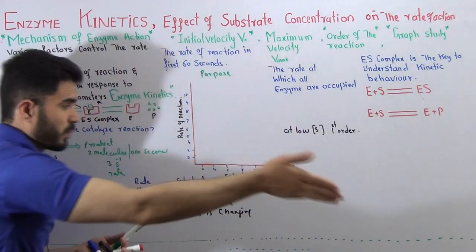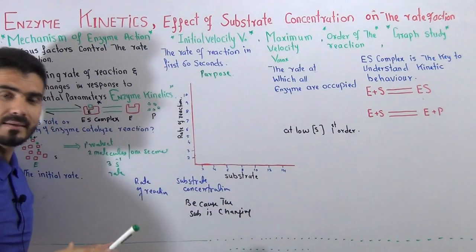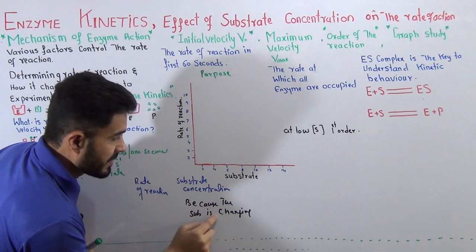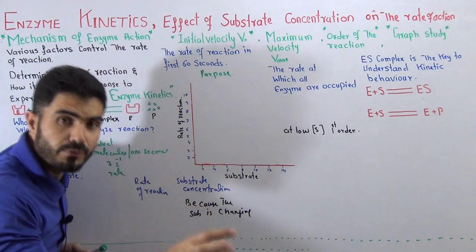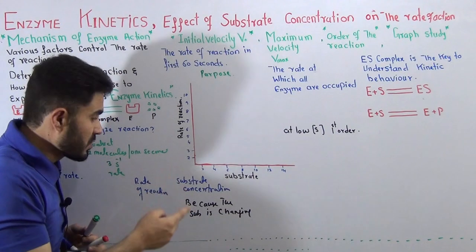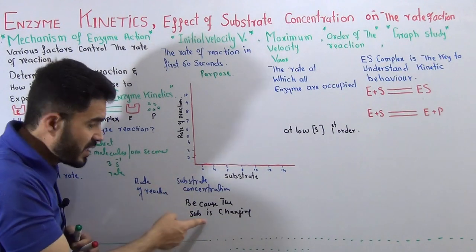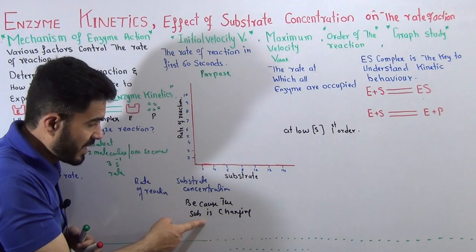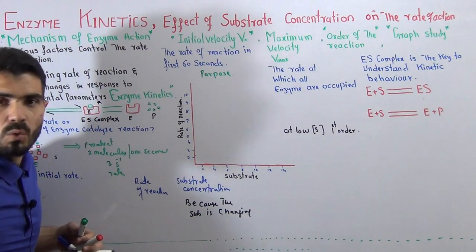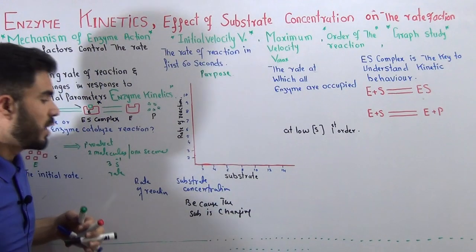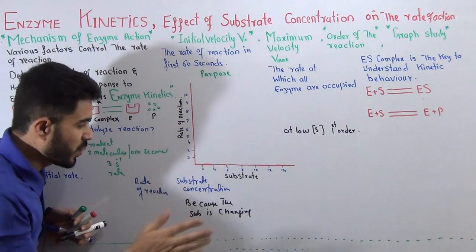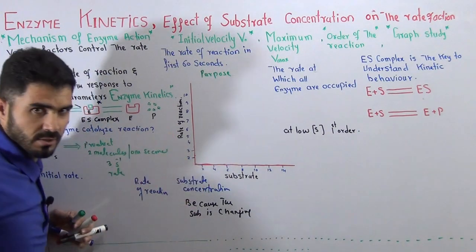Substrate converting into product means substrate is decreasing, means substrate is changing. This is a problem. If the substrate is changing and you study the rate of reaction in this kind of situation, where the rate is changing, then there will be great complexity. We want to get rid of this situation. We want such a situation where the substrate is not changing.